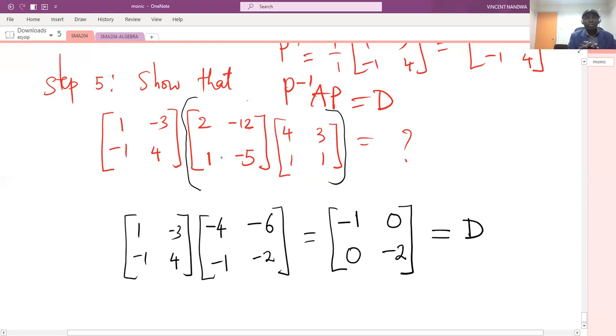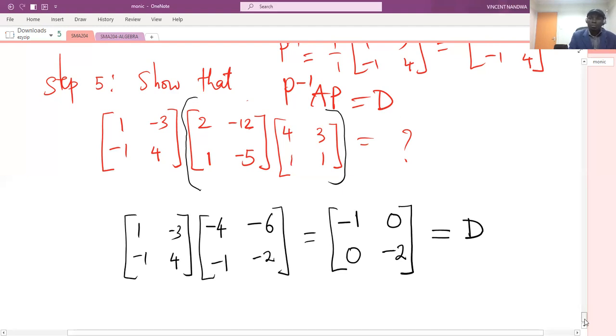The first step is to find eigenvalues, find eigenvectors, and then form the matrix P, which is simply a matrix whose columns are the eigenvectors in the order you have found them. Once you have found P, you find the inverse of P, and then show that P inverse AP equals D.